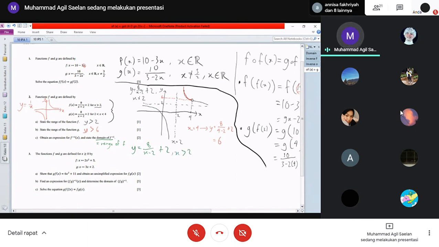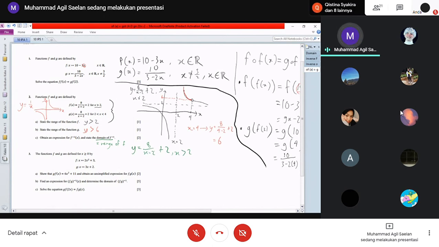Okay, to find the inverse, we need to change the subject into x, yeah. So we need to express x in terms of y. So we have an expression of y in terms of x. Now we need to change it to an expression of x in terms of y.